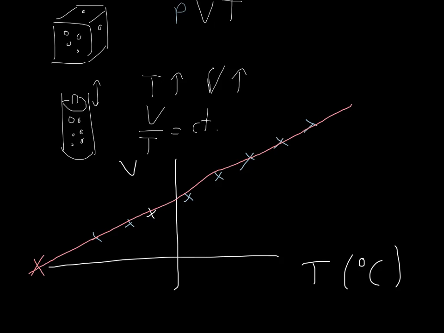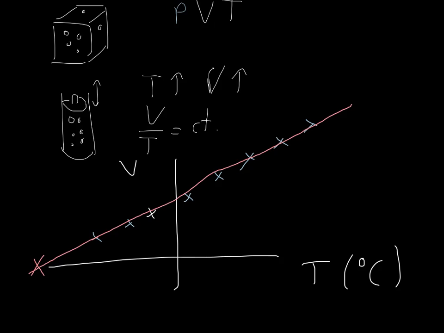So as you can see, we've got a line that does not go through 0, but eventually reaches this point here for 0 volume. Now, of course, it's impossible to have volume that's less than 0. That would be very strange indeed. So this is telling us something about temperature, right? It's telling us that I can't go any colder than this, because if I did, I would have a volume that's less than 0, and that makes absolutely no sense.